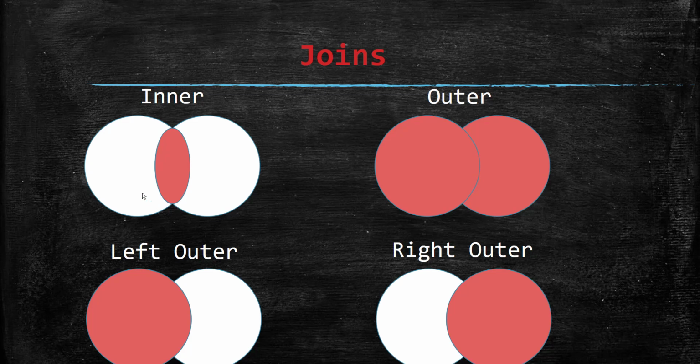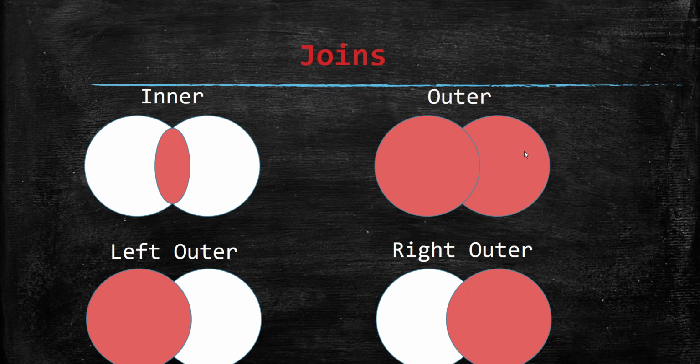So the inner join brings the records which are common between both tables. Only those records. It will not consider any other records. And outer join will consider all the records from both tables. So outer join means full outer join.